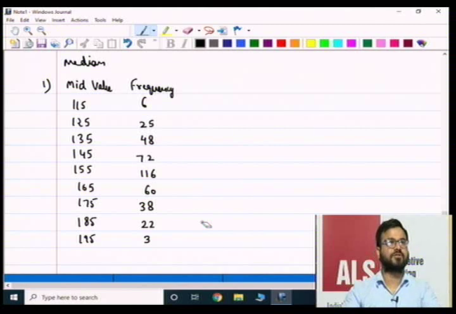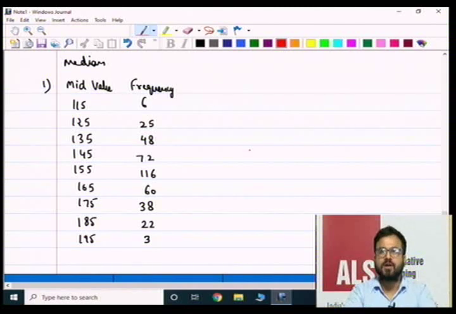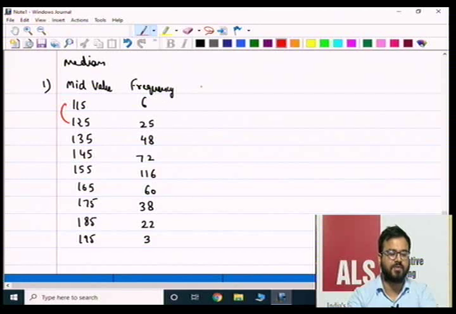Okay, so let us do this question. The mid value is given. So first of all, we have to figure out the class interval. As you can see, the difference between consecutive mid values is 10. Half of 10 is 5. So we have to subtract 5 and add 5 to each mid value to get the corresponding class interval.